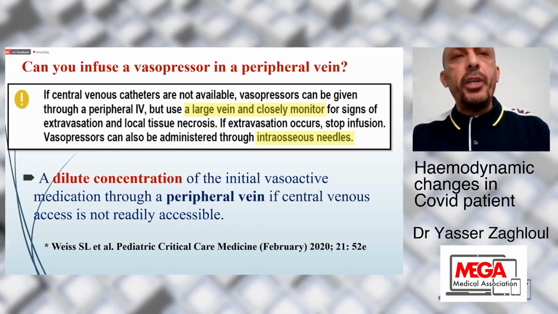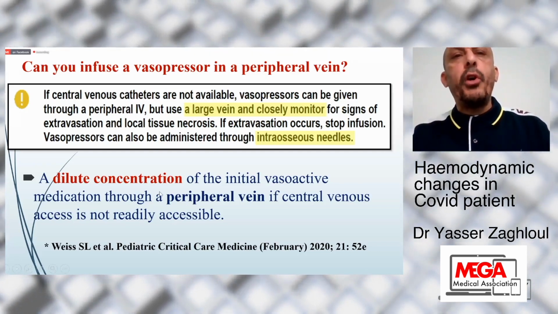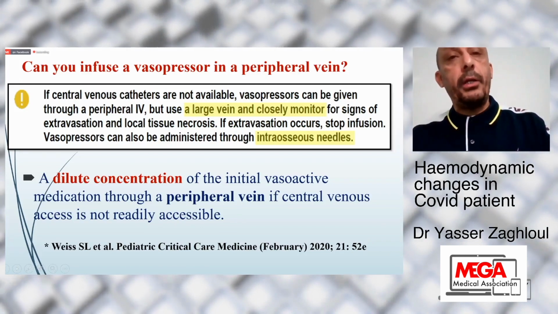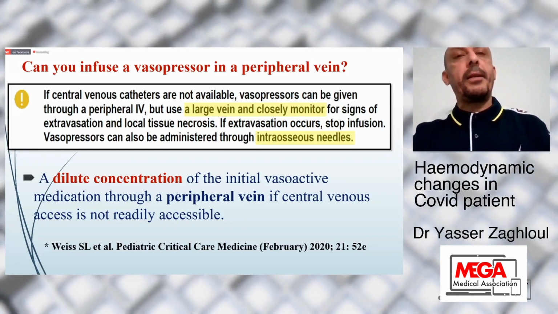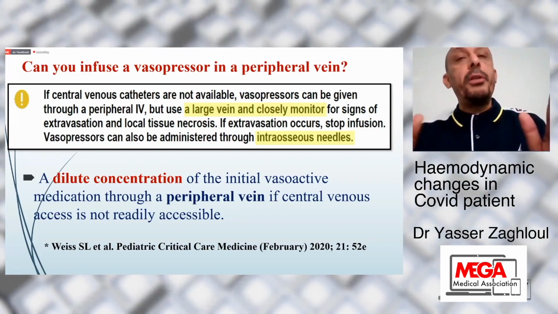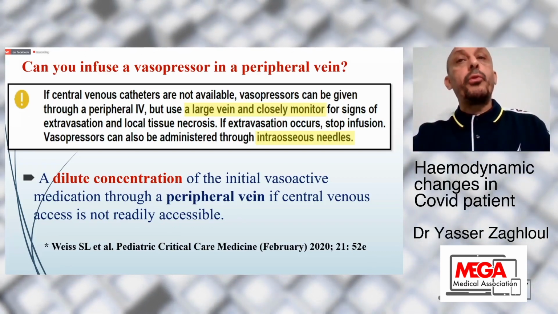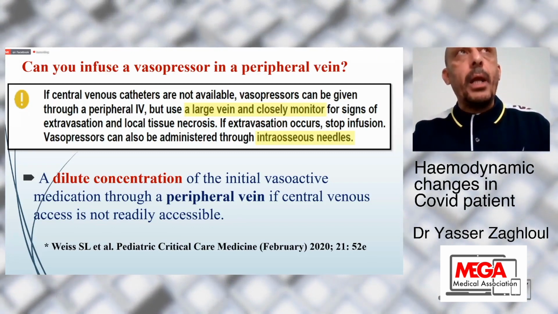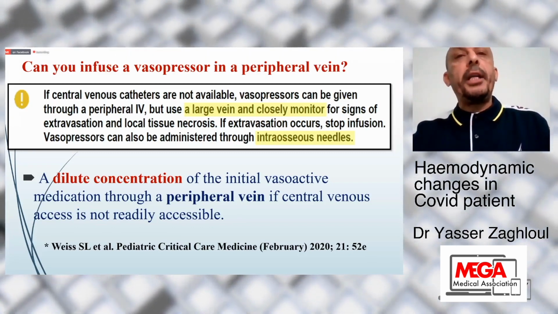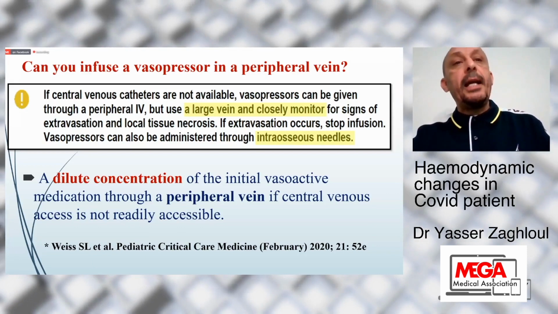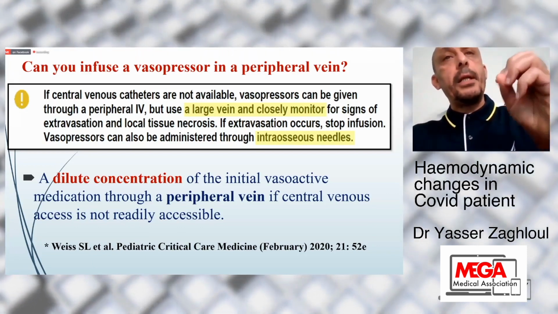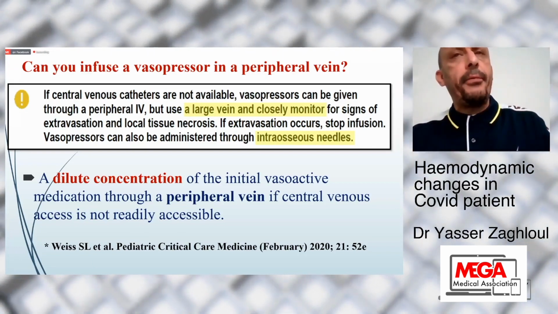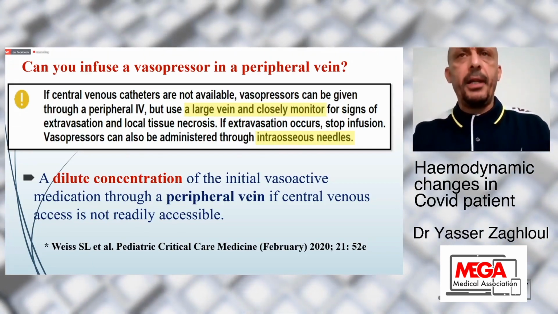And in pediatric patients as well, you can use more dilution of the nor-epi or epi to support the circulation until you get a central line. Again, all these recommendations are to give you more space and more chances during the management of your patients. And if the central line is difficult or not possible, you can use epinephrine or norepinephrine in peripheral lines.